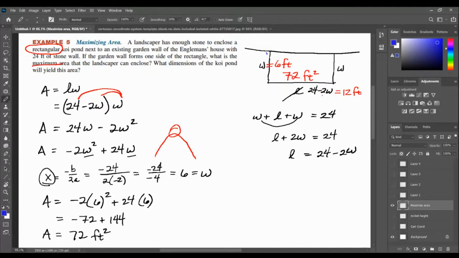The maximum area I can get is 72 square feet, if it has to be a rectangle. If I were able to do a semicircle, it would give me more area, but we were limited to a rectangle. So that's a time we can use this vertex formula, because we were asked to maximize area. And it'll do that.